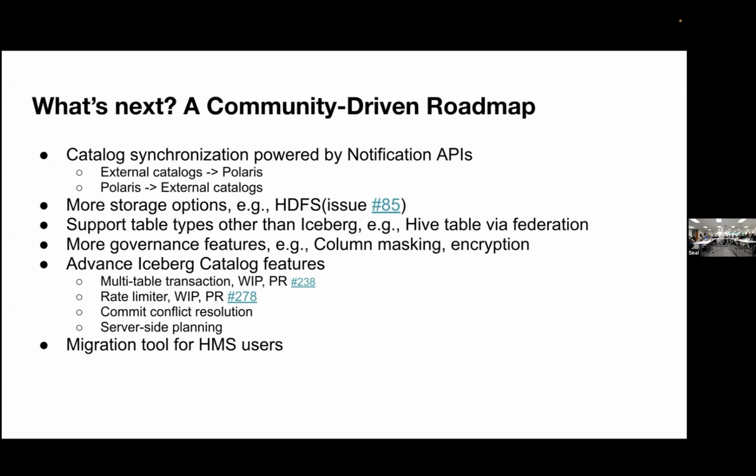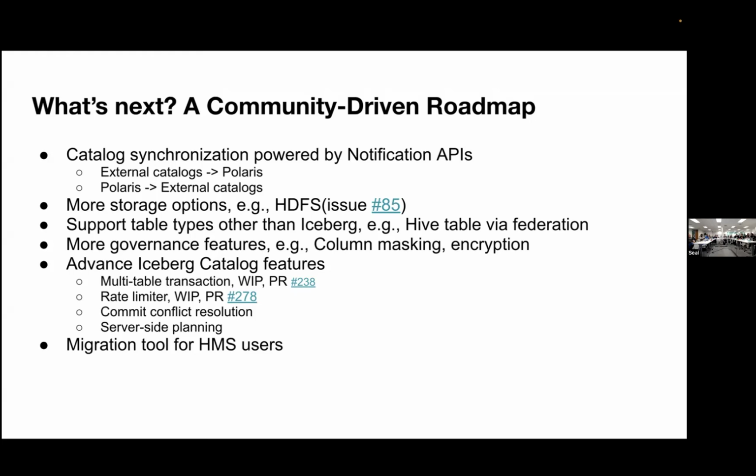The other advanced Iceberg catalog feature is multi-table transactions, which is work in progress. There's a PR number there if you're interested in checking that out. And the rate limiter, which is kind of a standard server feature, is also work in progress. And commit conflict resolution, which is used to resolve conflicts between maintenance commits and ingest commits, because we always want to prioritize the ingest commits over the maintenance commits.